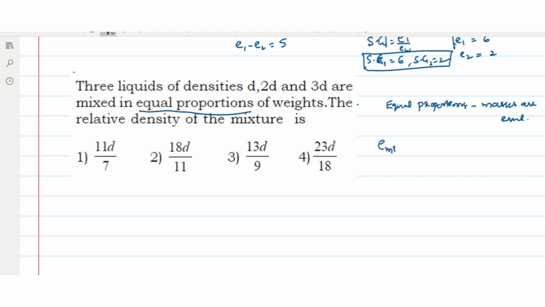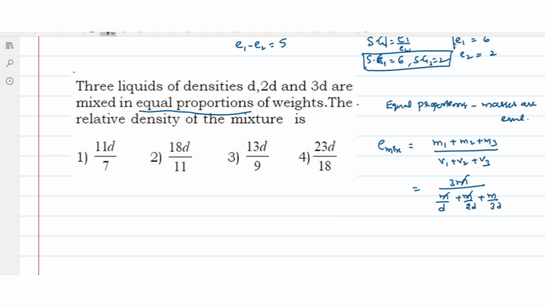So first you have to calculate the density of the mixture when 3 liquids are mixed. This is m1 plus m2 plus m3 by v1 plus v2 plus v3. Equal masses means m plus m plus m, which is 3m. Volume you can take as mass by density. So the first density is D, the second density was given as 2D, and the third density was given as 3D.